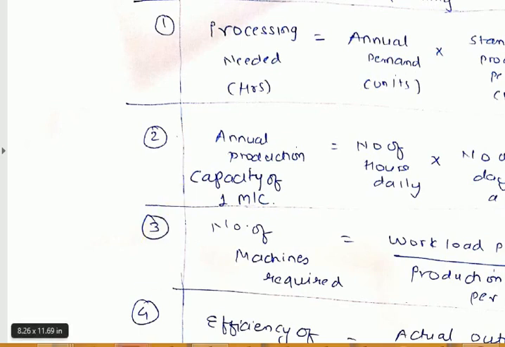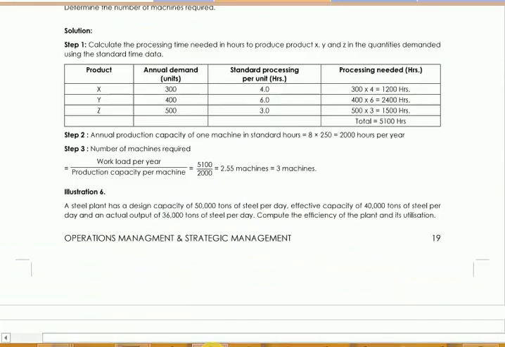If we look at the problem carefully, we have both annual demand in units and standard processing per unit, so we have both terms as per the formula. We just have to multiply: 300, the annual demand, with the standard processing per unit 4. 300 into 4 is 1200, 400 into 6 is 2400, 500 into 3 is 1500, and if we add all this we get the processing needed in hours.